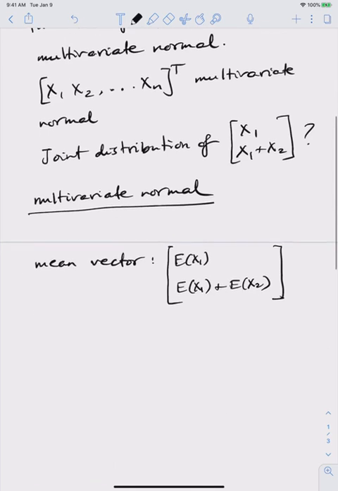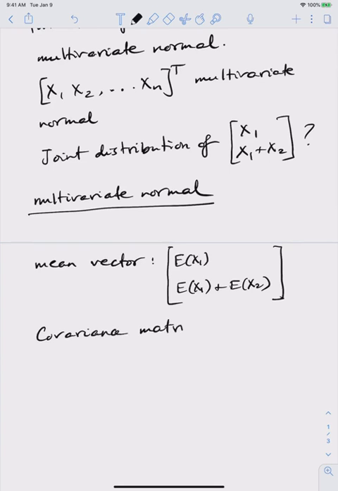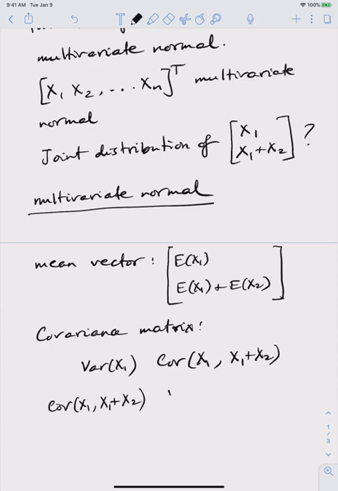And so also, the covariance matrix is going to have the variance of x1, then the covariance of x1 and x1 plus x2. And then it's going to have the same thing again. And then it's going to have the variance of x1 plus x2.